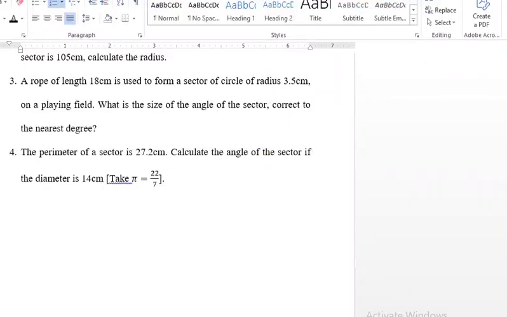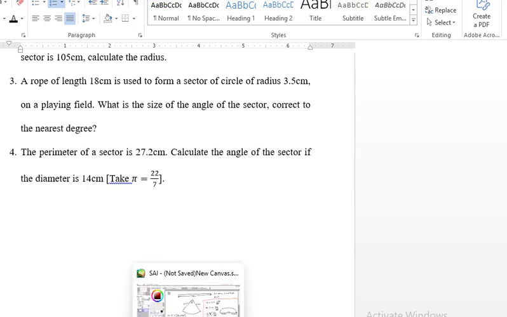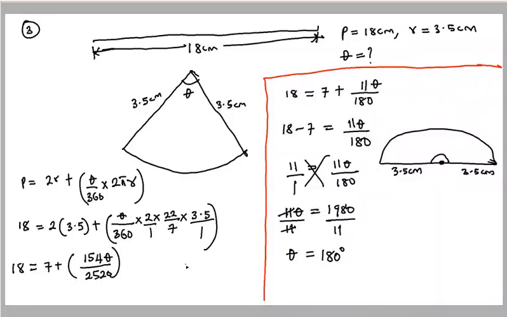So let's look at question 4. The perimeter of a sector is 27.2. This is just similar to question 3, just that we are given the diameter. So it's just the same thing. To solve question 4, we are given the perimeter as 27.2 centimeters and the diameter to be 14 centimeters.